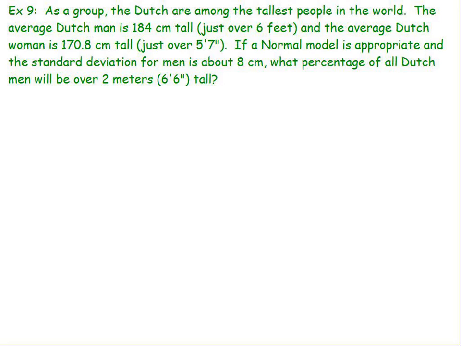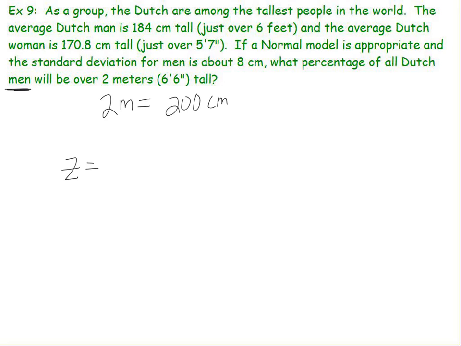So 2 meters, first of all, because everything else is centimeters, we need to turn it into centimeters. Well, there is 100 centimeters in a meter. So 2 meters is 200 centimeters. Because we're talking about what percentage of all Dutch men, we're going to convert this 200 into a z-score using the male data values.